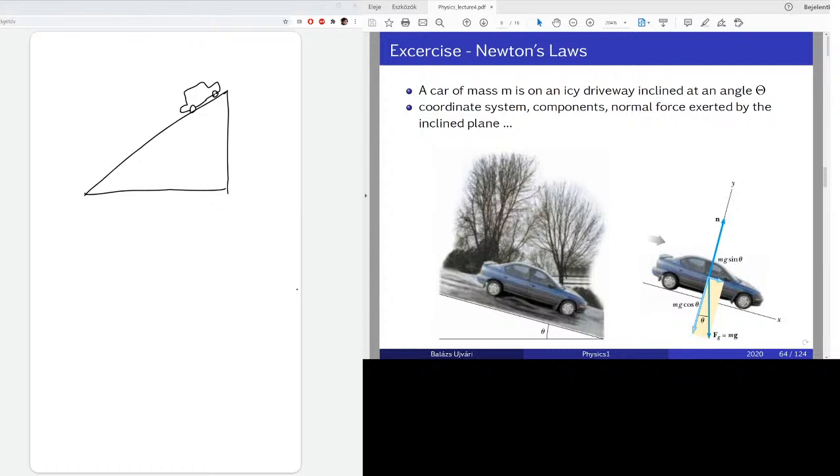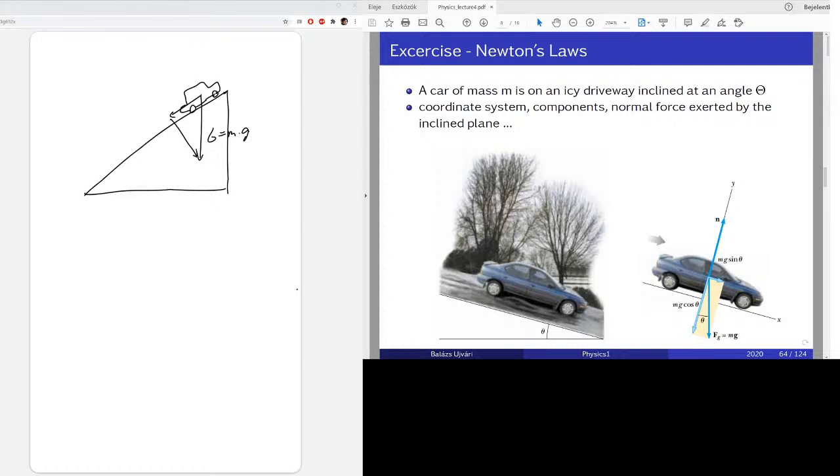The only force we have is the weight, car mass times g, the 10, but it's not the force like the free fall. It's not the force that will accelerate it, only the x or the parallel fraction to the slope.